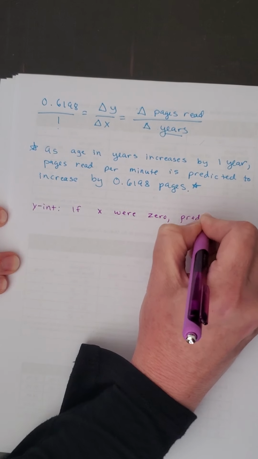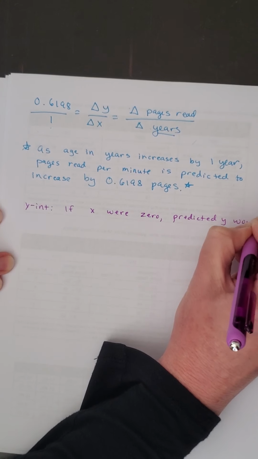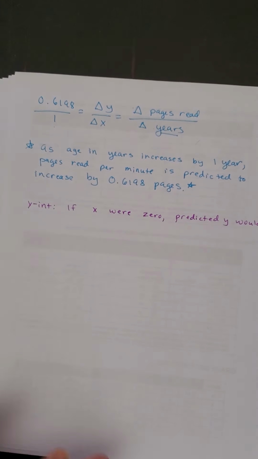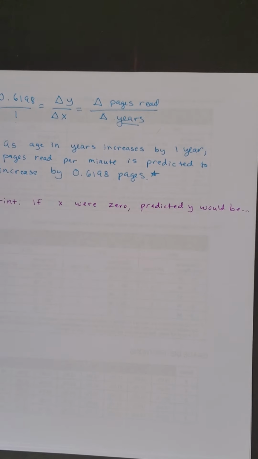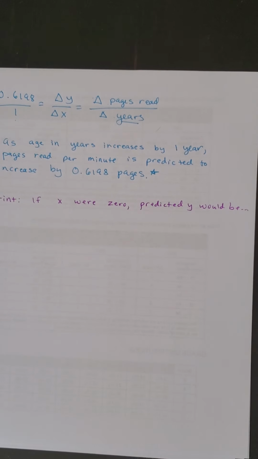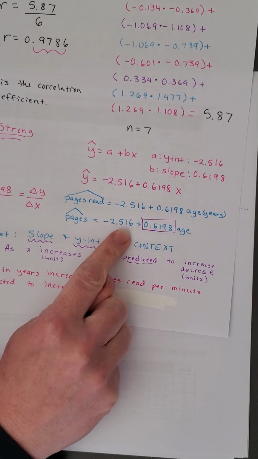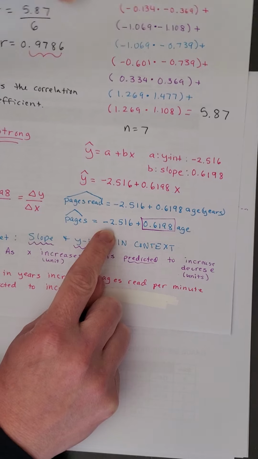And then sometimes that doesn't even make sense. Like in this case, we're going to get a negative for our predicted y. Our y-intercept, just to remind you, was negative 2.516, which means negative 2 pages. That doesn't even make sense.